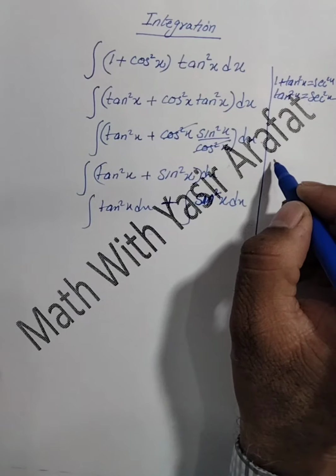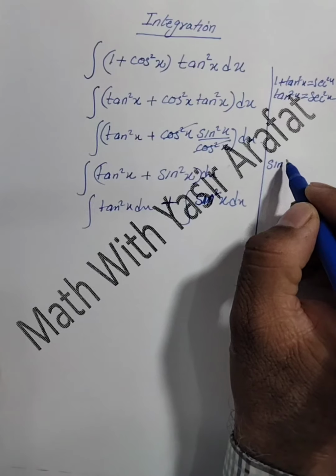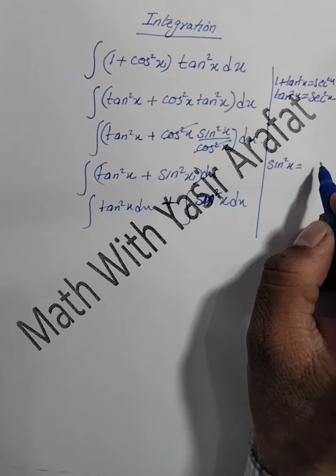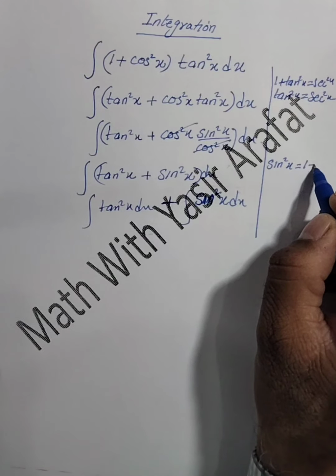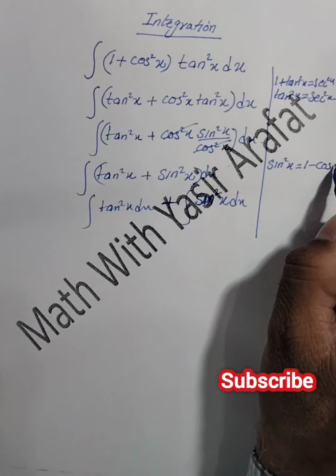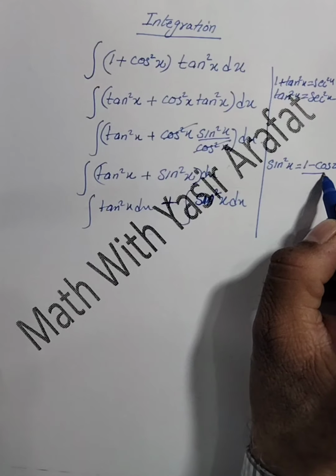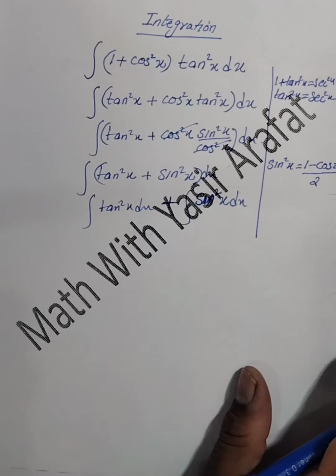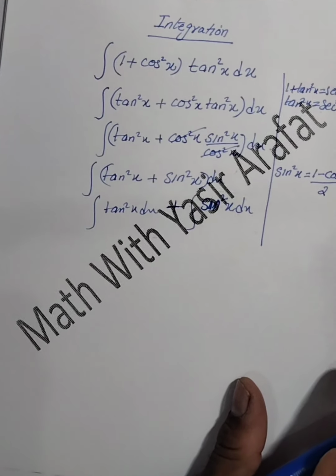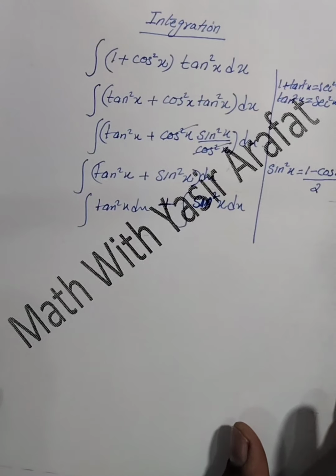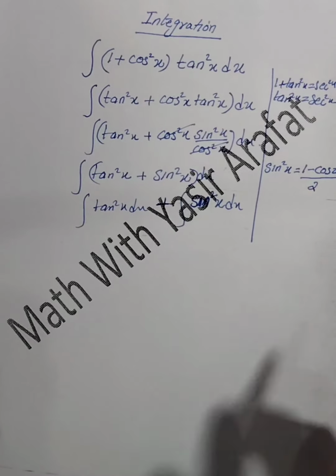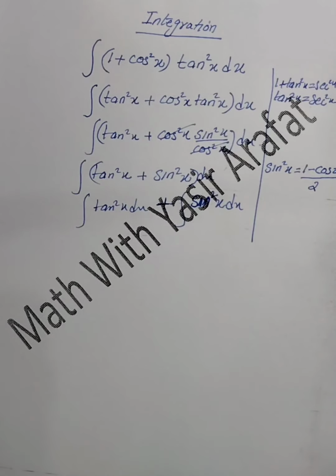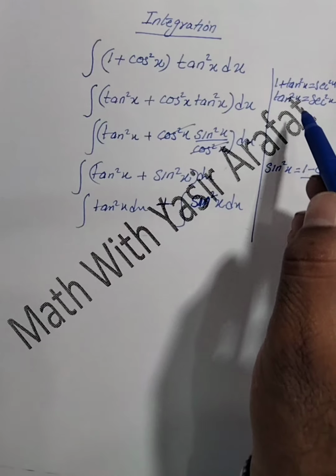And for sin²x, we have the formula sin²x equals 1 minus cos 2x over 2. This is the basic formula of sin²x, the most important result we have to use here.